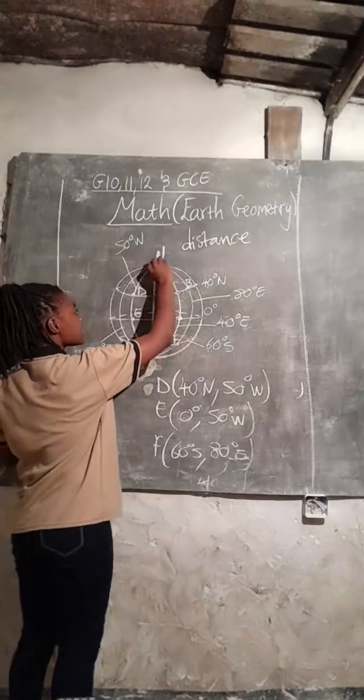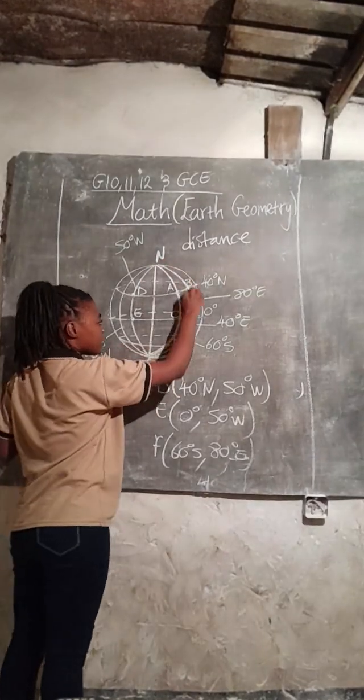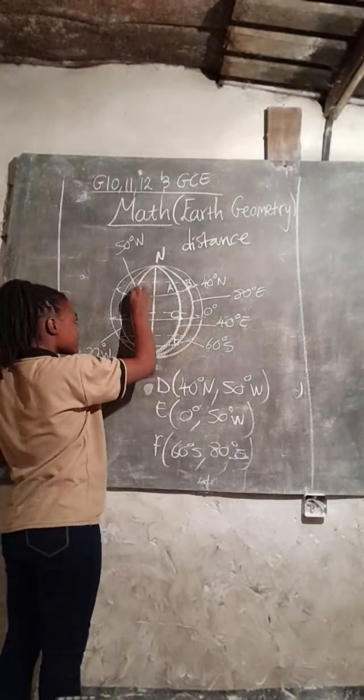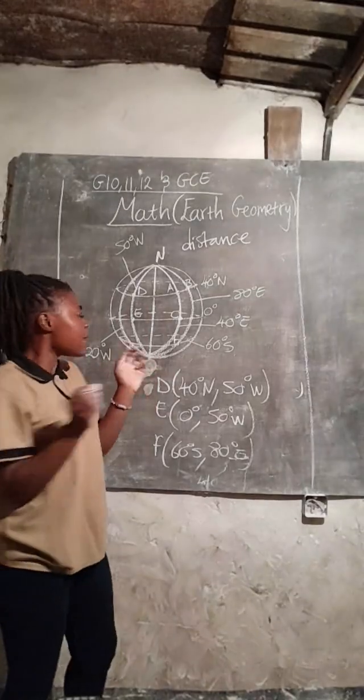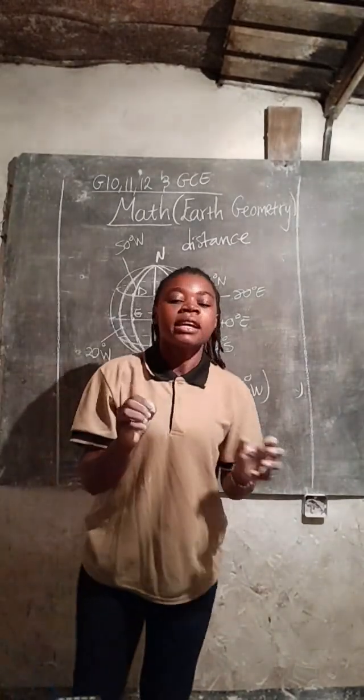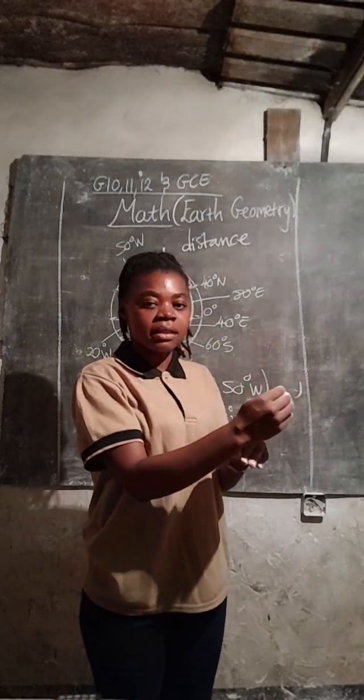Meaning, these are points that are sitting on the same line that is going like that. All the points that will be sitting on the same lines of longitude is what we'll deal with first. I'll explain the other one as we proceed.